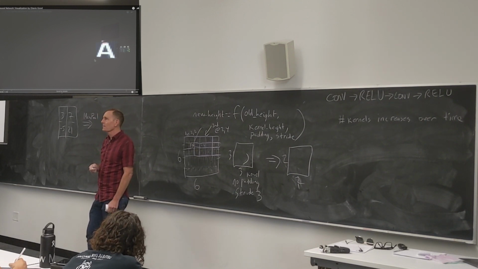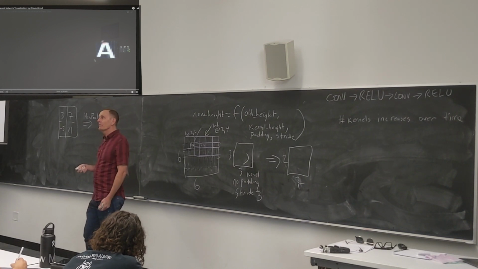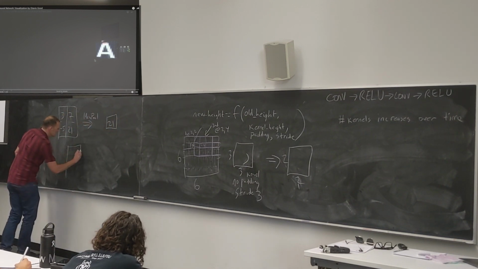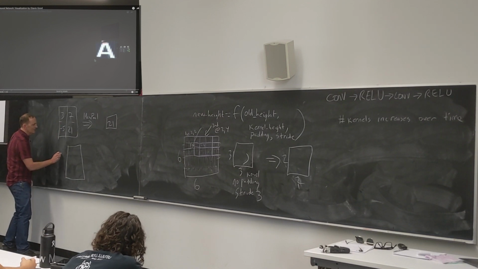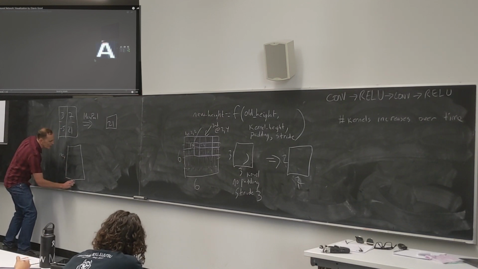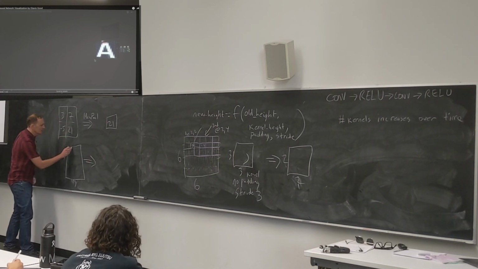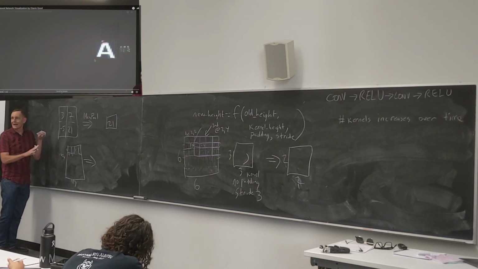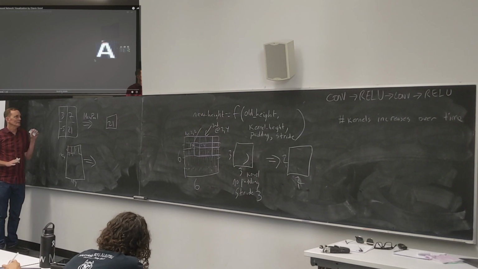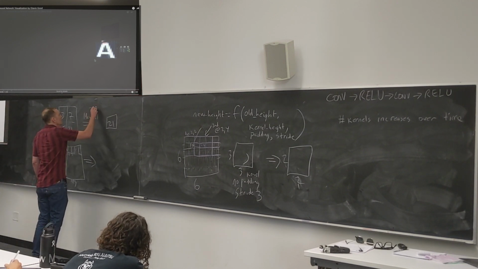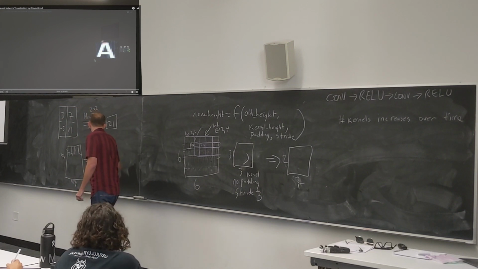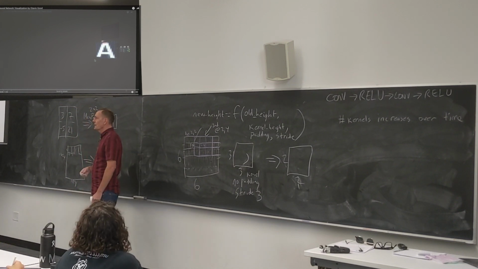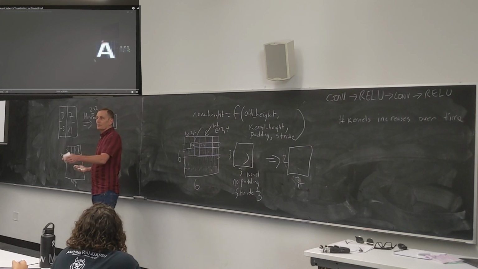Okay. So you can see how if we do this on something larger, if we do this on a 1024 by 1024, it's basically going to do a 2 by 2 here, and then a 2 by 2 here, and so on. So it's going to tile this from a 1024 by 1024 down to a 512 by 512.